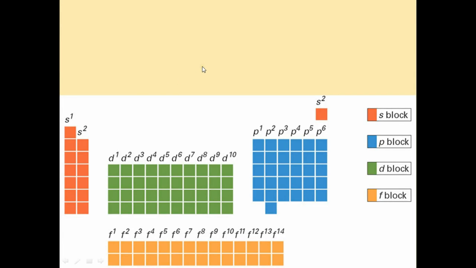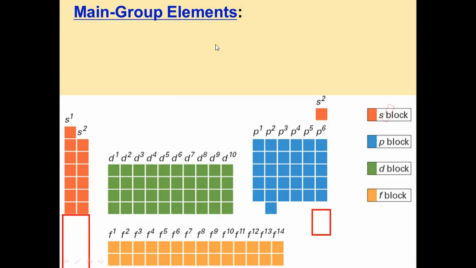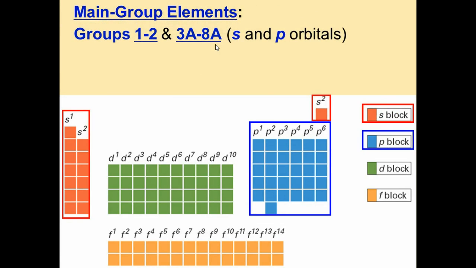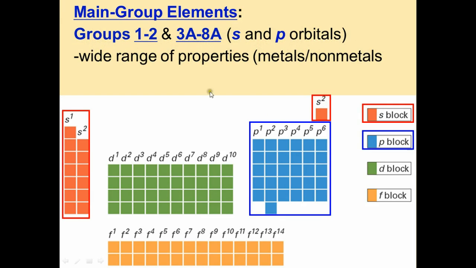So here we're going to talk about some groups and some chunks of the periodic table. There are several main groups. There's the s orbital and then the p orbital. These groups, 1A to 2A and then 3A to 8A, have a wide range of properties.